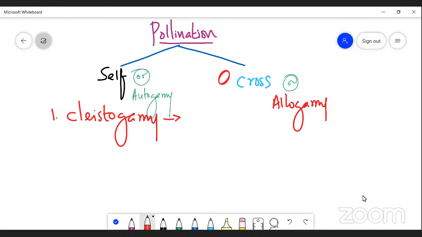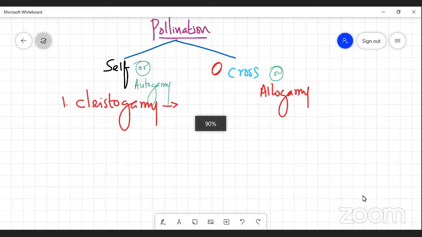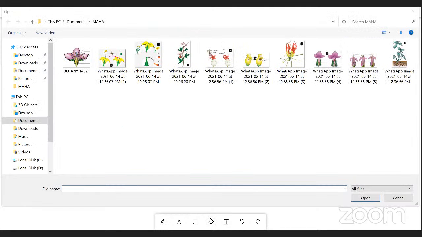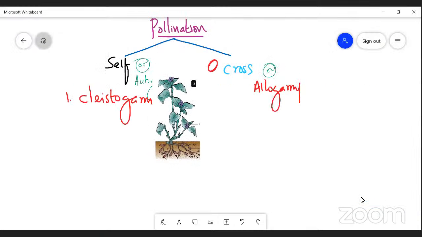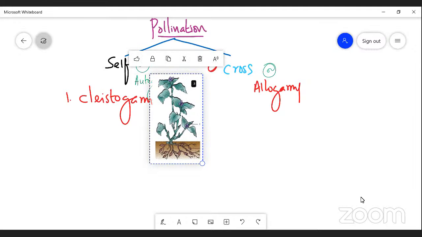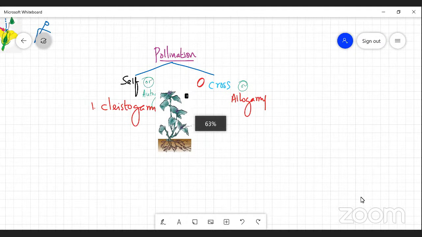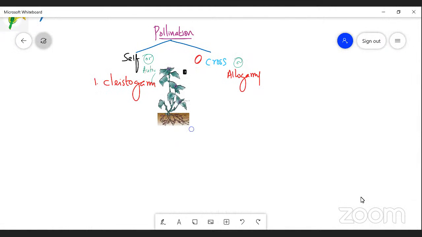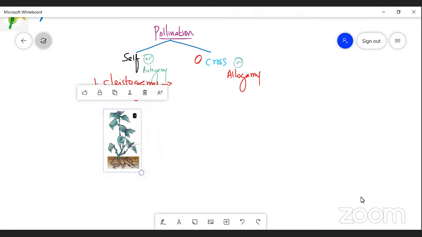the anther and the stigmatic region, right? That is called clistogamous. I'd like to show the diagram for a clistogamous flower. This is a clistogamous flower.